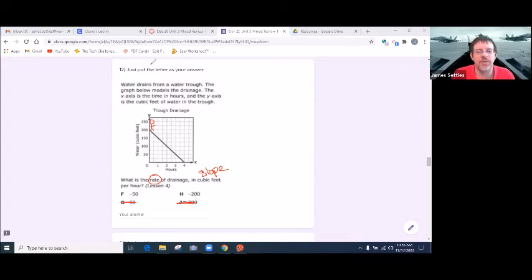If you just use a little bit of common sense, it takes 4 hours to drain 200. It's not going to be 200 in 1 hour, so it's probably not going to be H. If it was going 200 per hour, you would be done in 1 hour.